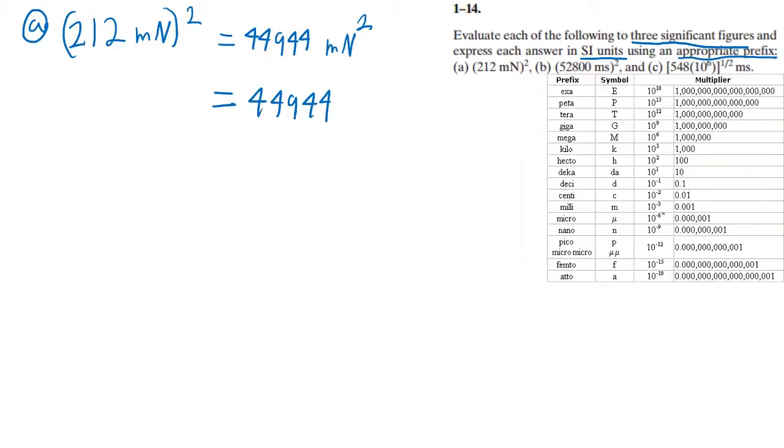So basically with a power to a power, they multiply. So 2 times negative 3 is going to be negative 6. Instead of our milli being 10 to the negative 3, there are actually 2 of them here because it's newtons squared. So it's going to be 10 to the negative 6. And then we keep the newton squared, because the unit squared does not go away.